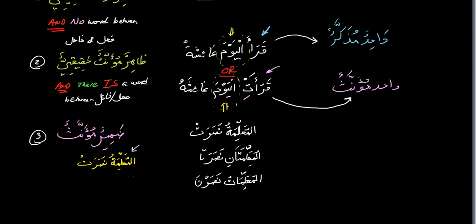If you analyze the sentence here, this is jumla ismiya. So this is mubtada. That's mubtada. And nasarat is actually fi'l and fa'il. And the fa'il is mustatir, hidden fa'il, which is here. So the fa'il is actually in here, hidden.